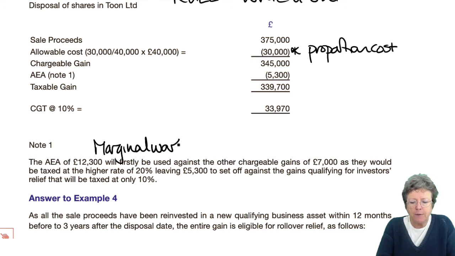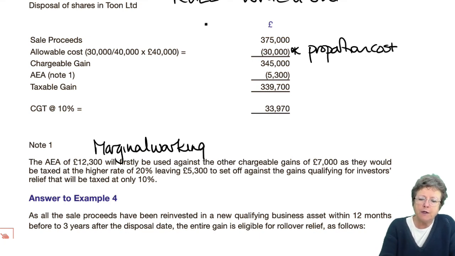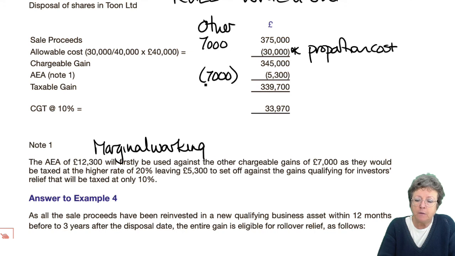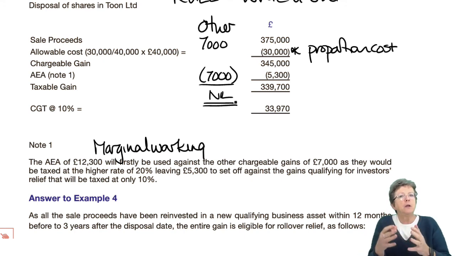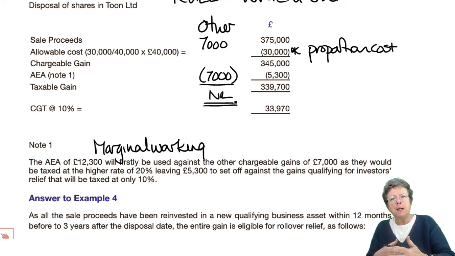If you're not happy with that and you feel the need to put the 7 in, so the other gains would be 7, we would have taken that off there to do 0. If you feel the need to write it out like that because it follows logically in your brain, then do it that way. If you feel you can progress a little bit further and you can do a marginal working, that's fine, as long as you clearly show what you've done.